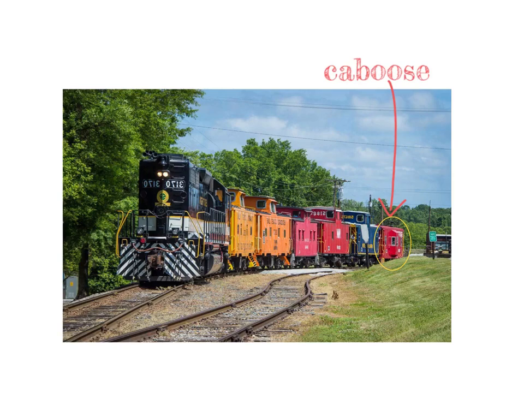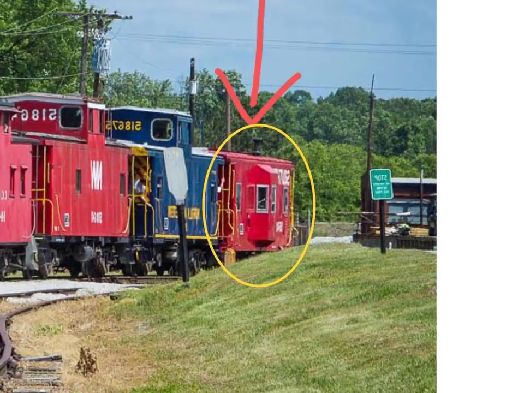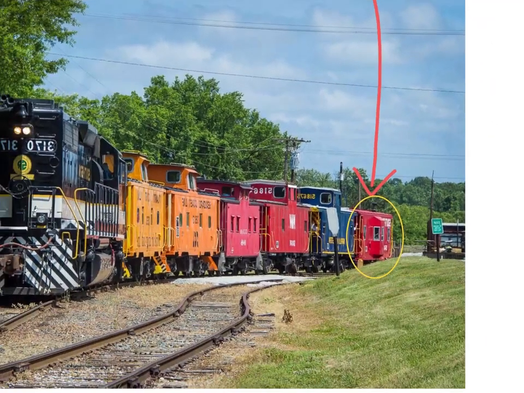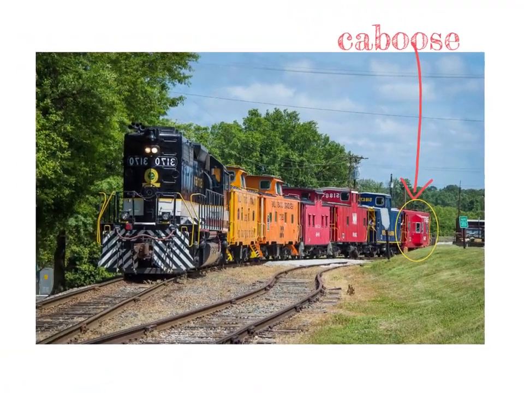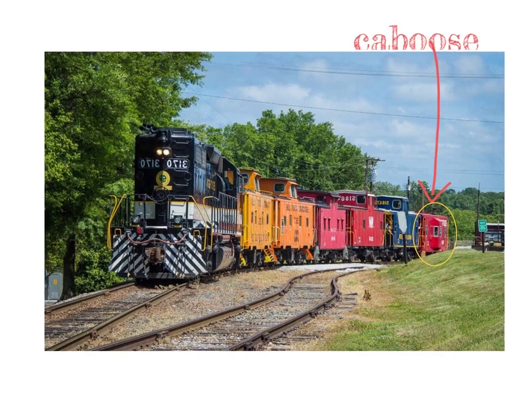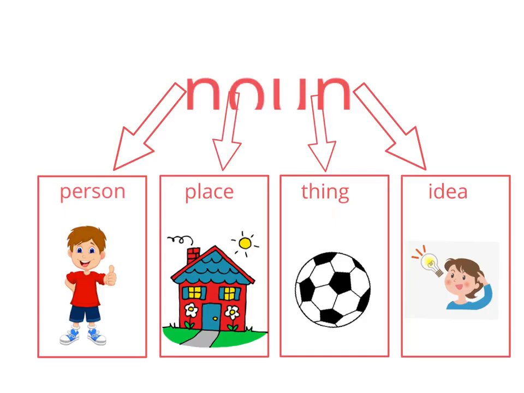Here is a picture of a train, and I have circled here at the very end of the train. That is called the caboose. So I am using that word to be the last word in our phrase. That is a Miss Camp word. That's not a grammar word. Okay, we have seen this before.